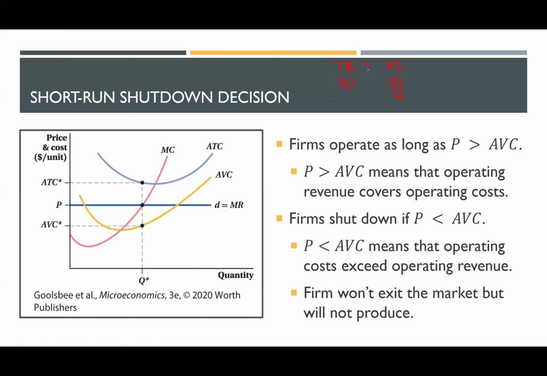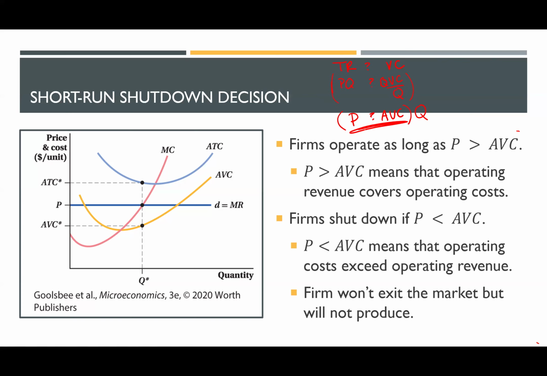So if we're comparing these two, what we can do is pull out that quantity term, and that's going to give us price compared to average variable cost, because we're just left with variable cost over quantity, and then multiplied by output. And we can ignore the output for the sake of the comparison, because it's really the comparison that we're interested in.